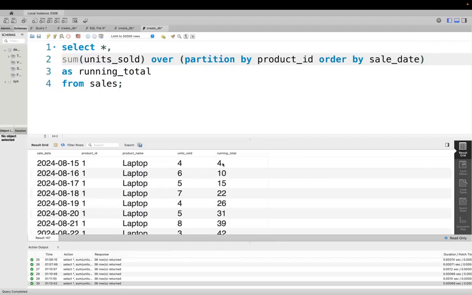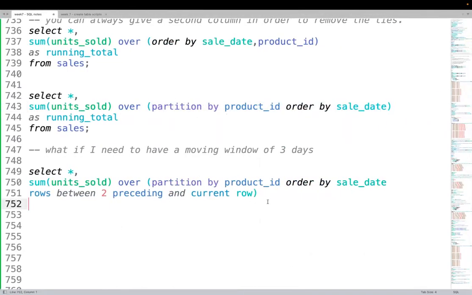We will see that also. So by default, if you are not giving anything, this is equivalent to unbounded preceding, the very start, and current row. This is equivalent to writing rows between unbounded preceding and current row. But now I'm saying rows between two preceding, two previous rows and current row.